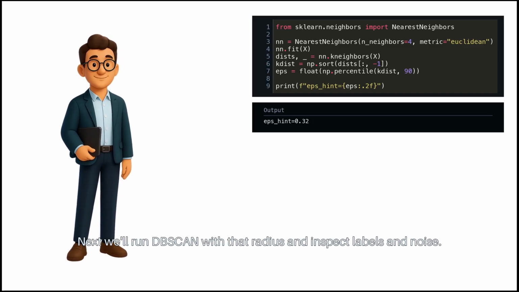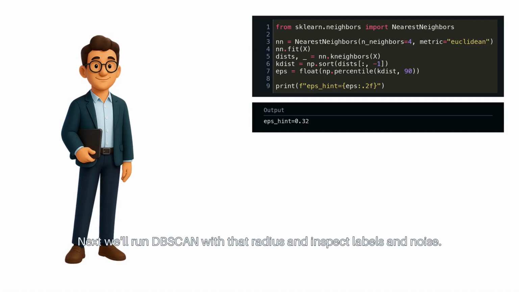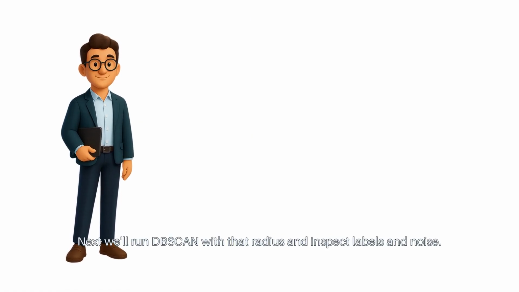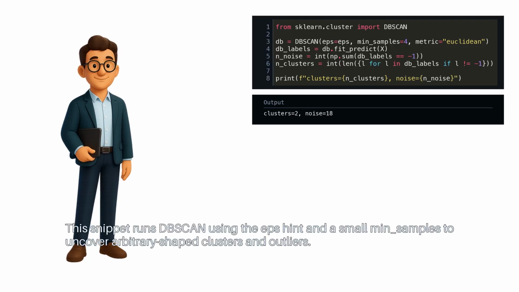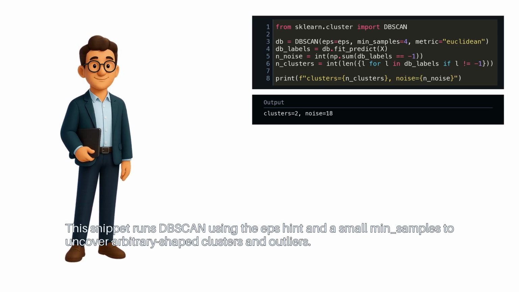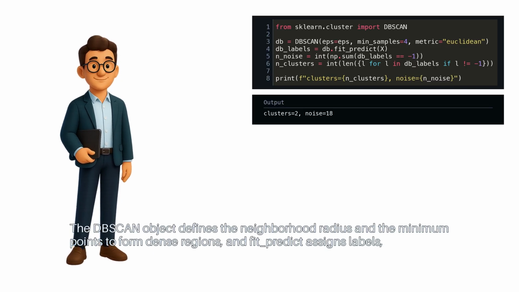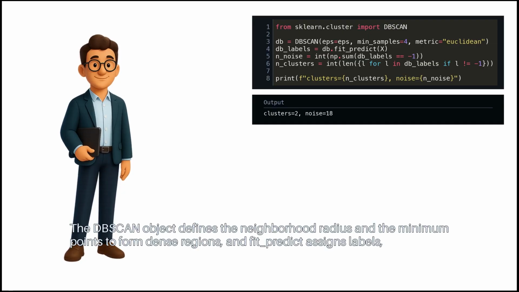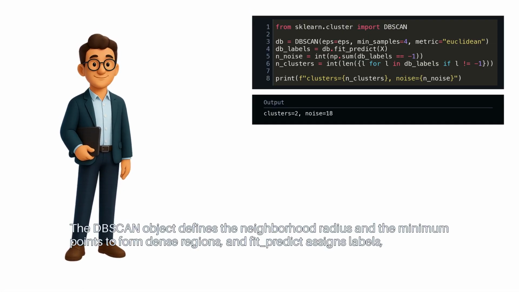Next, we'll run DBSCAN with that radius and inspect labels and noise. This snippet runs DBSCAN using the eps hint and a small min_samples to uncover arbitrary-shaped clusters and outliers. The DBSCAN object defines the neighborhood radius and the minimum points to form dense regions.